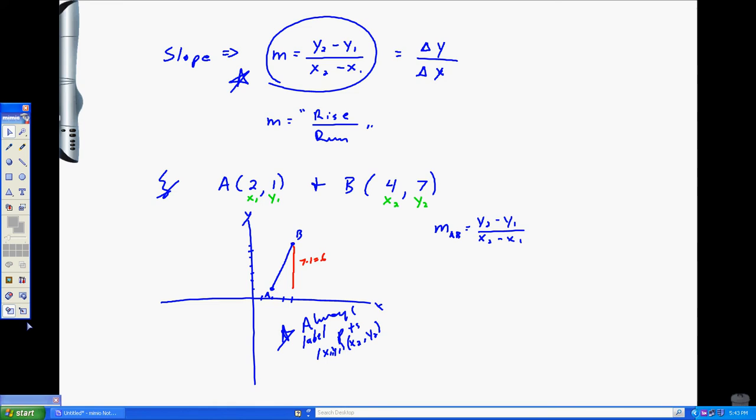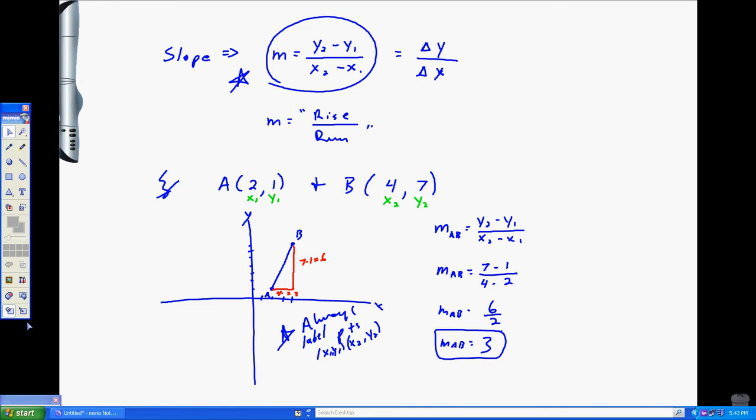And the run of it goes from 4 to 1. 4 minus 1 is 3. Okay? So you've got a rise over a run. So the slope from A to B is equal to y2 is 7, subtract y1, over x2 is 4, subtract x1 is 2. You have a slope of AB of 6 divided by 2. Slope of AB is equal to 3.